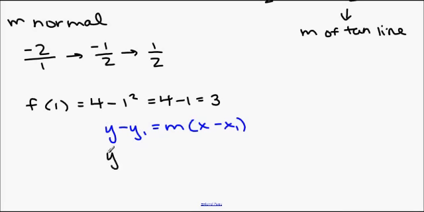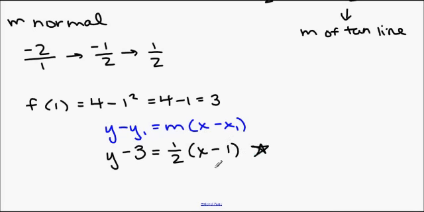So y minus y1 was 3 equals 1/2 is our slope, x minus 1, okay? So this is one equation of the normal.